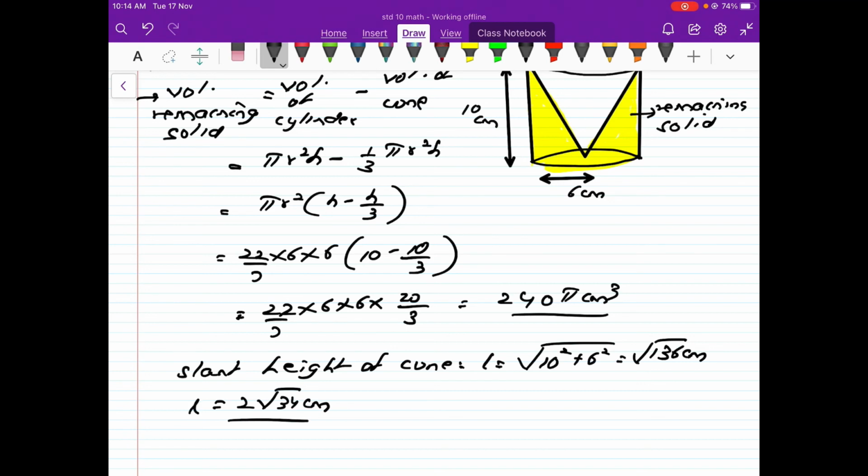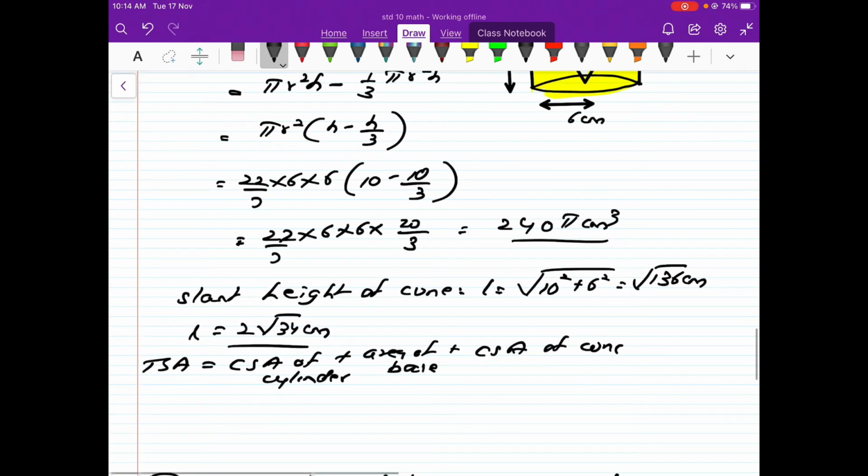Now if you want to find the whole total surface area, that will be equal to the curved surface area of the cylinder plus the area of the base, which is a circle, plus the curved surface area of the cone. Three things we have to add.